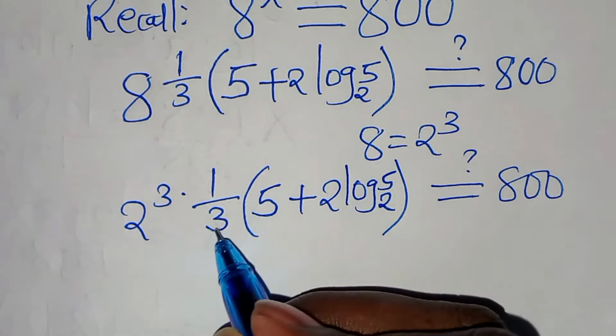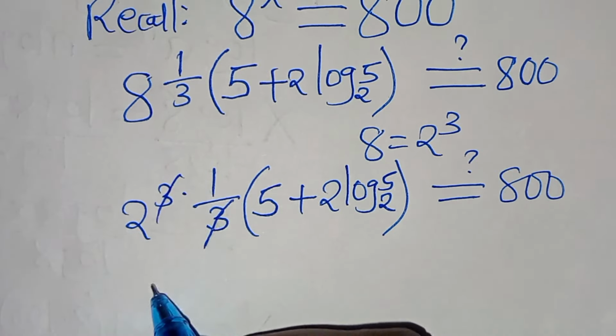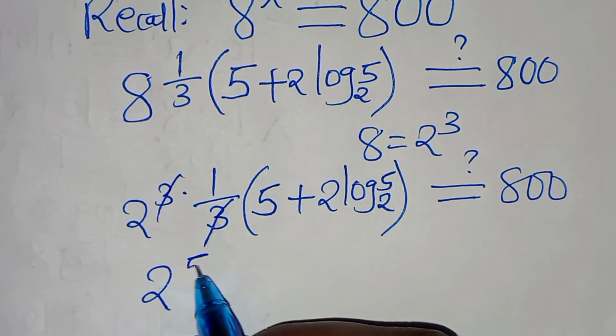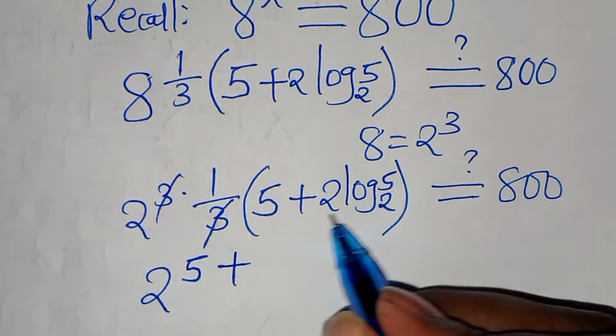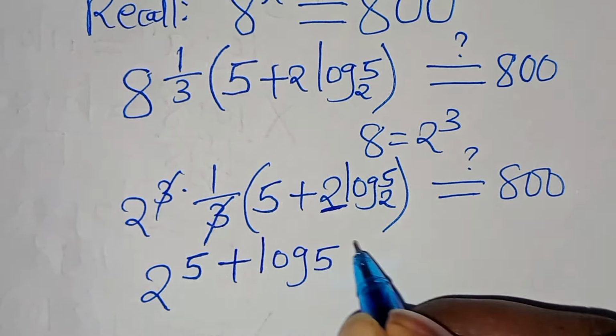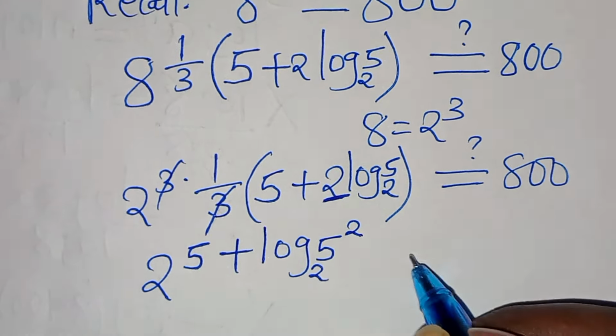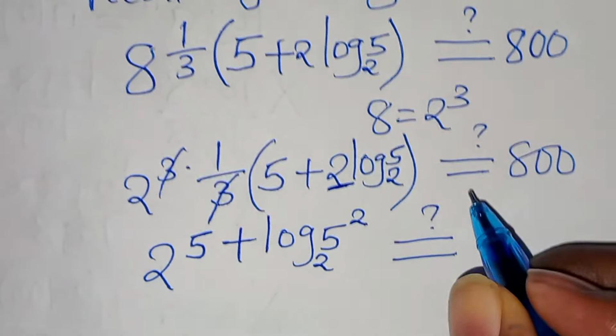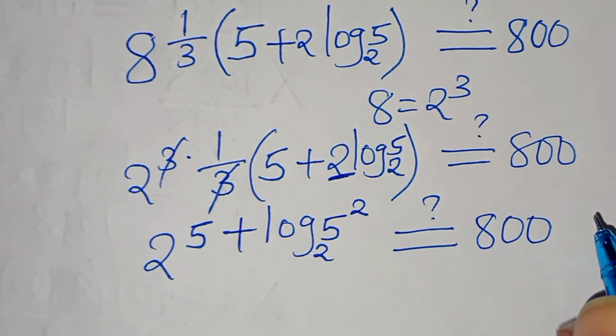Now let's simplify 3 and 3 here so that we have 2 to the power of 5 plus, now this is a power here, we can express this as log 5 to the power of 2 to base 2. This should give us a value of 800.